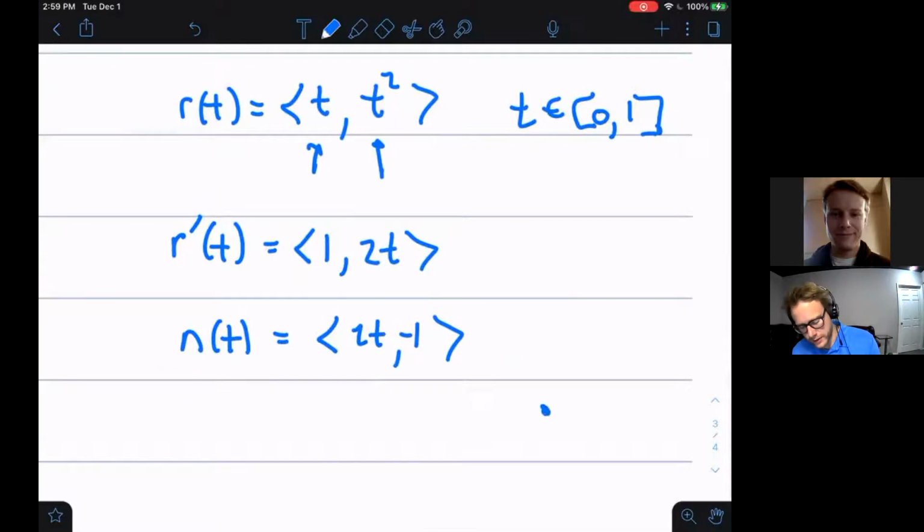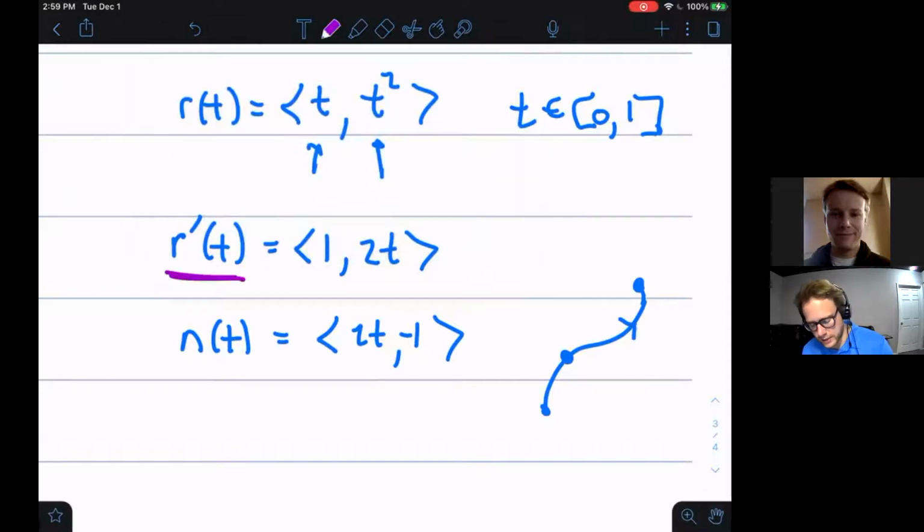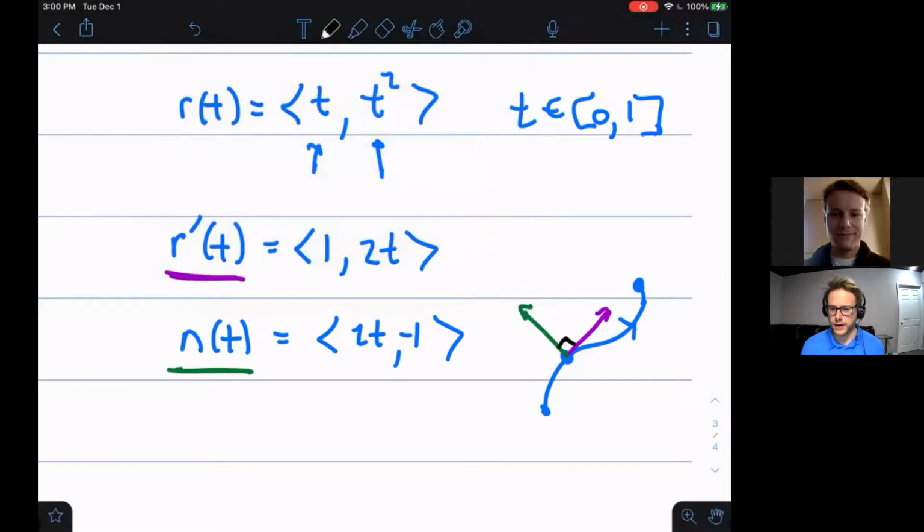And so with that, I'm just going to draw a little fake curve over here. At a particular point, suppose we're going this direction, you have the tangent vector. If you want instead a normal vector, something like this, notice that the tangent vector and the normal vector are always going to be perpendicular to one another.